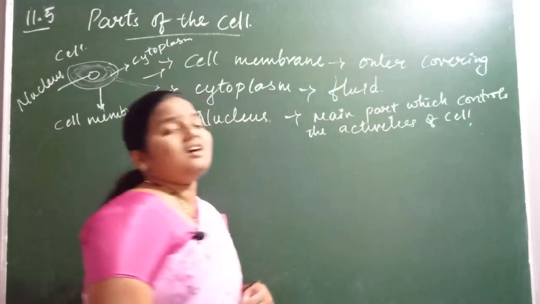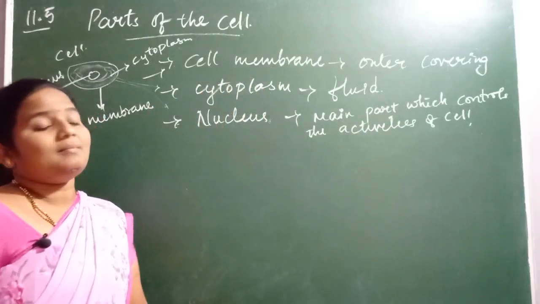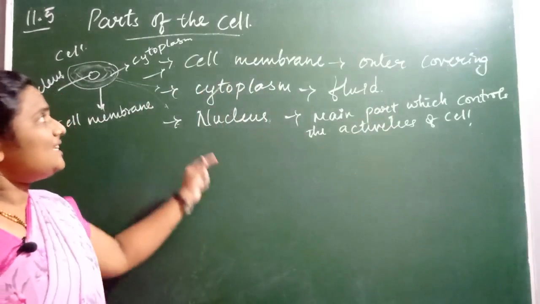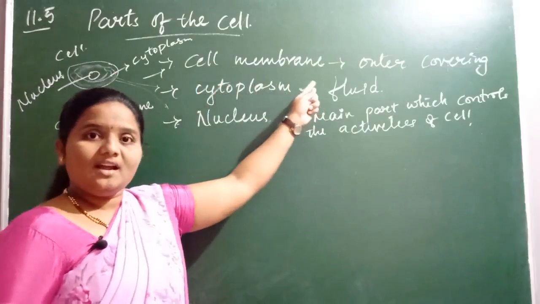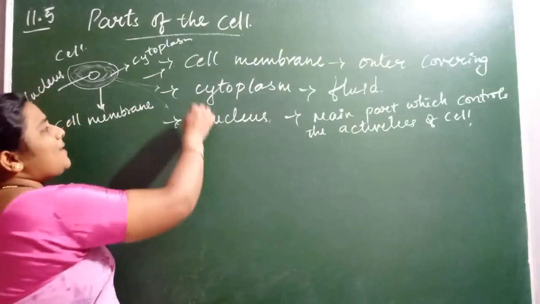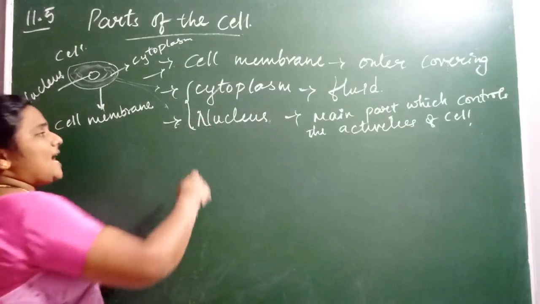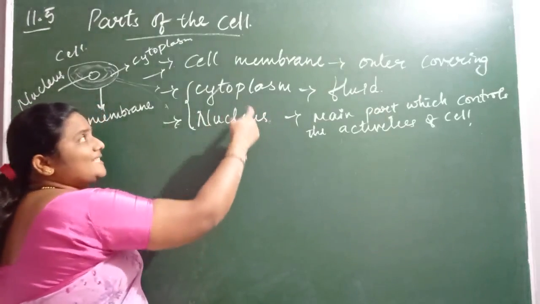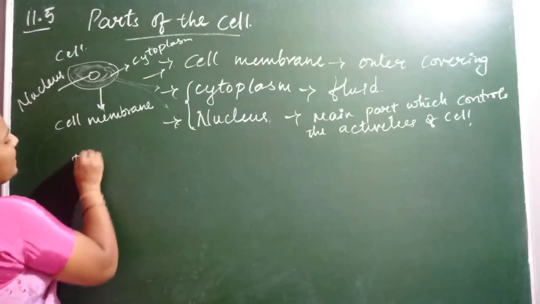So here, when we discuss about cell membrane, a cell consists the outer layer as a cell membrane, and inside the cell membrane, cytoplasm and nucleus will be present. So, cytoplasm and nucleus within the cell membrane is called plasma membrane.